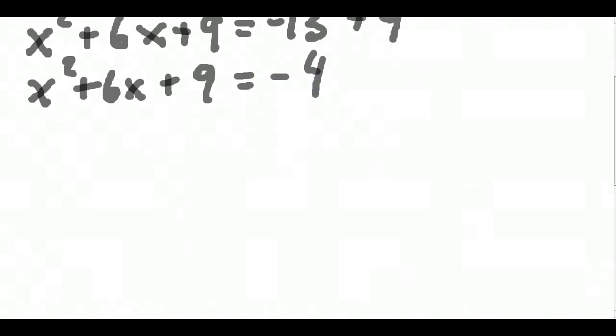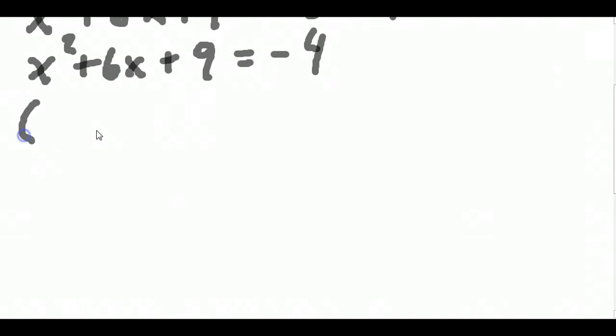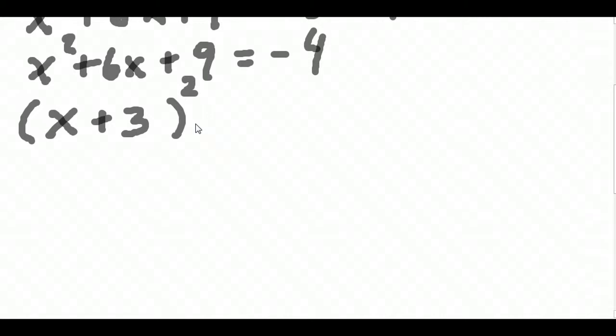Okay, so we have a negative on that right side. So what is the factorization of x squared plus 6x plus 9? X minus 3 squared equals negative 4. We have all plus signs though, so you're right except for your sign.